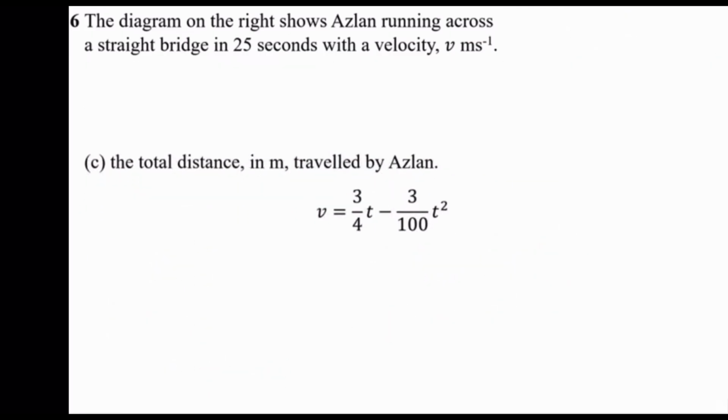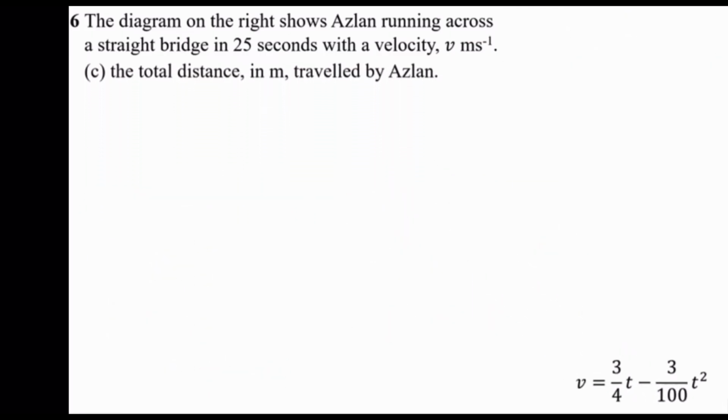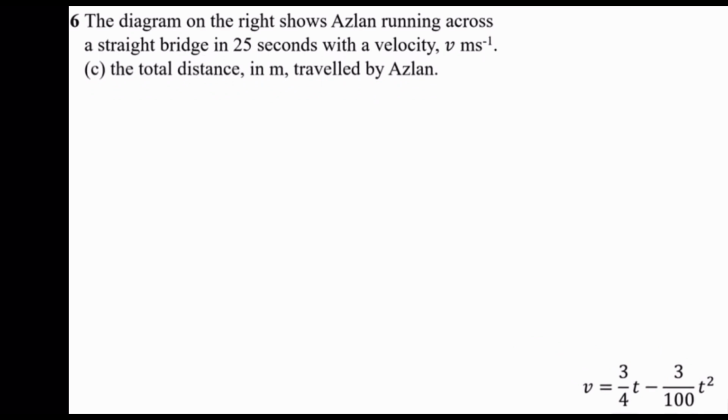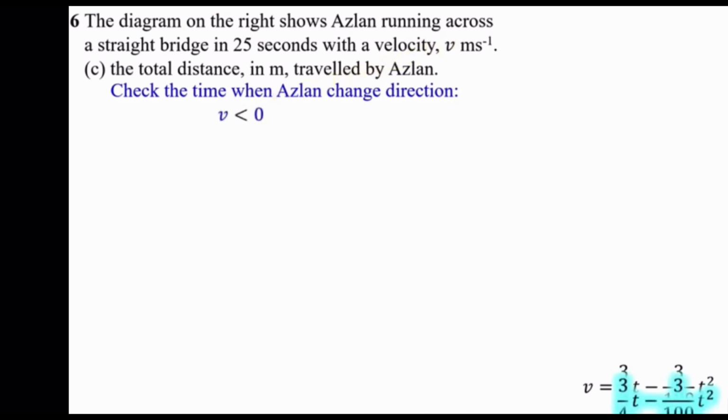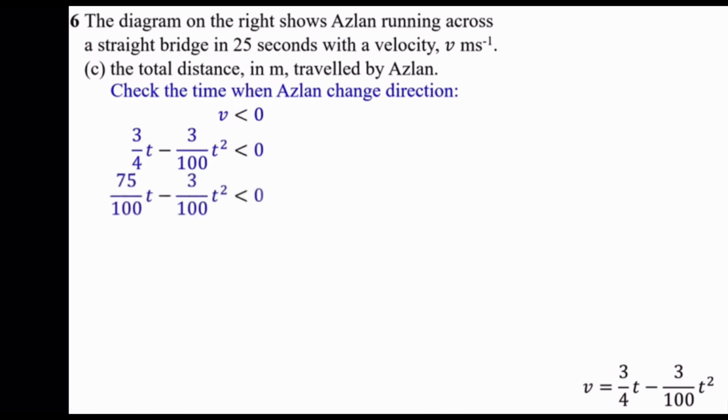So let's proceed to c, the total distance traveled by Azlan. In order to find the total distance traveled, we need to study the movement of Azlan. We need to study when Azlan stops before it changes direction. So in order to find when the velocity is less than 0, we have to factorize so that we can find the range of the time when the velocity is less than 0.